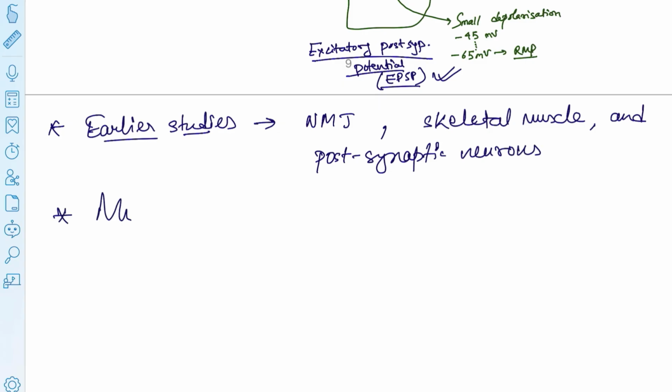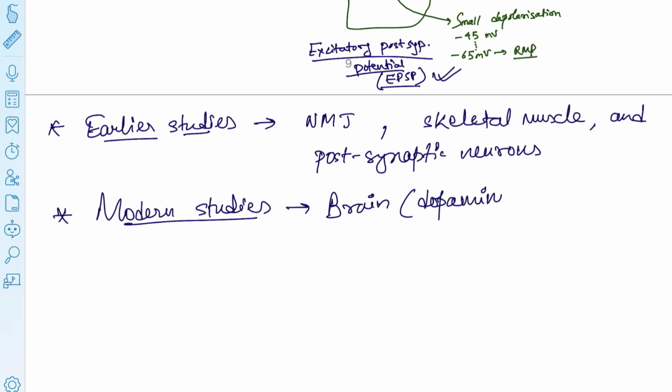But modern studies have found that they are widely expressed in the brain, in different areas of the brain, for example dopaminergic neurons.